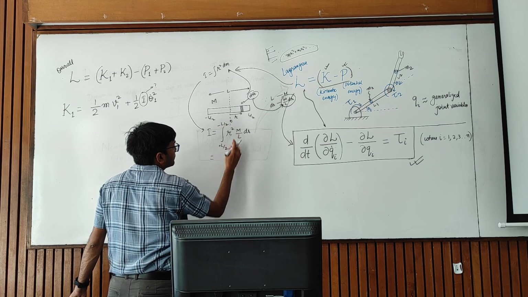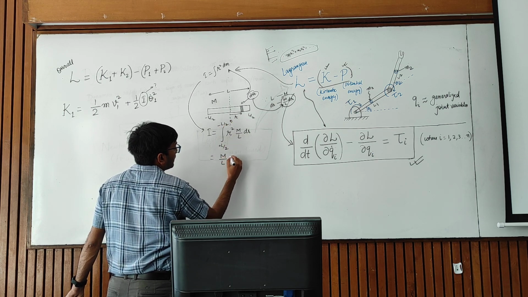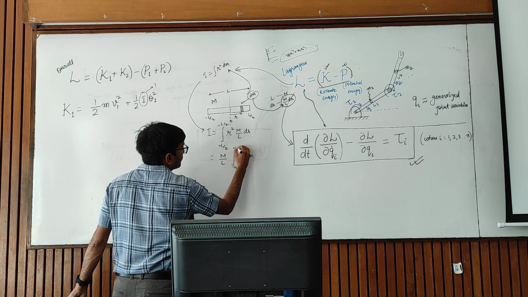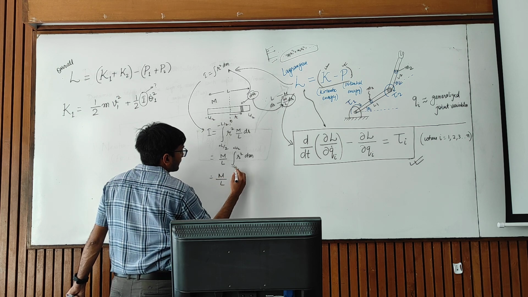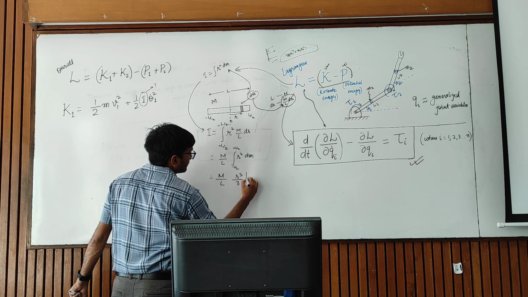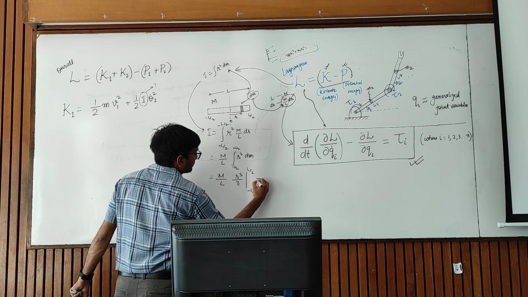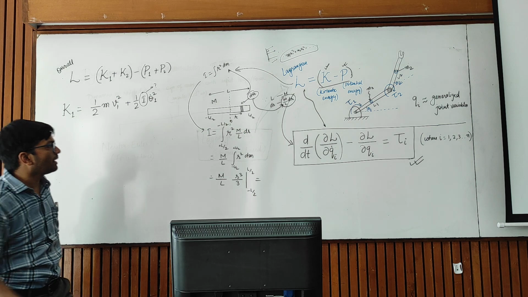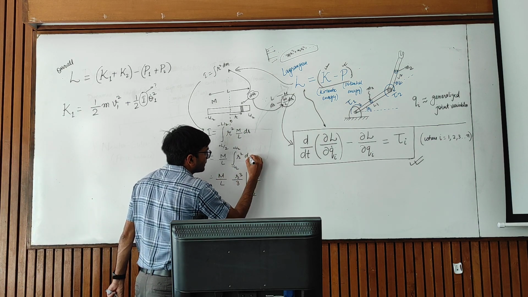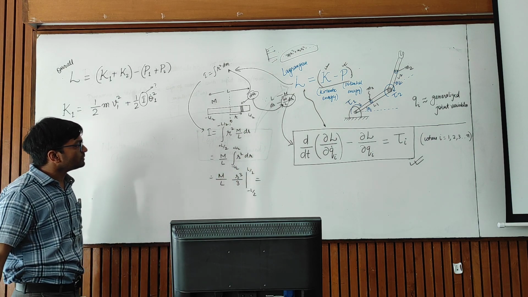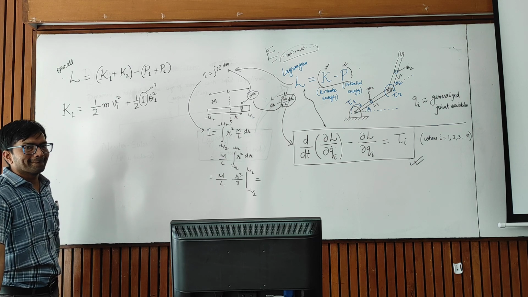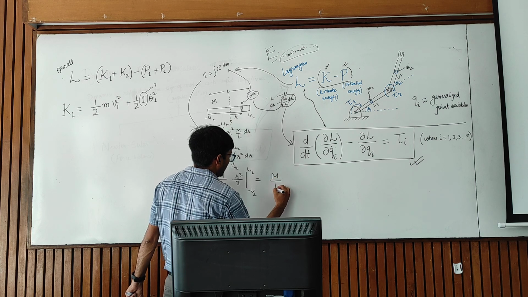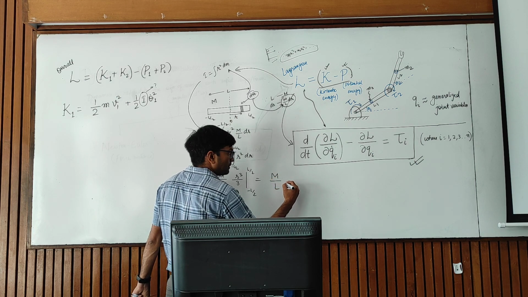Okay, so this mass is constant, m by L बाहर, r square dr, minus L by 2 to plus L by 2, m by L r cube by 3, minus L by 2 to L by 2. एक आदमी कीजिए तो कितना आता है? Integrate with respect to dr. बताइए तो कितना आता है? m by L cube by 8 हाँ?